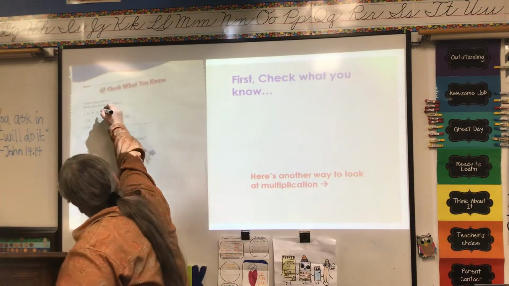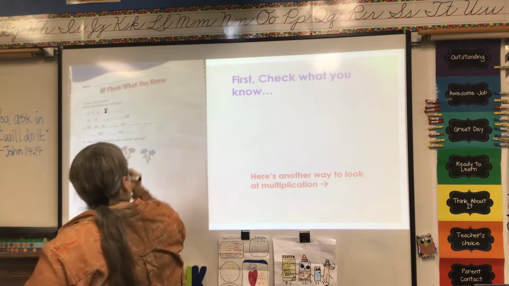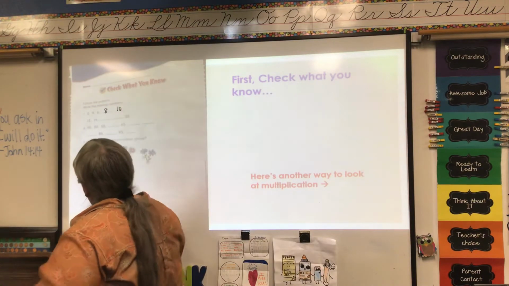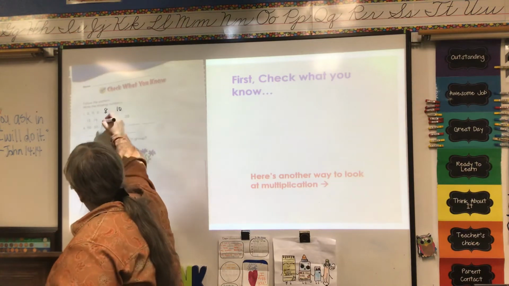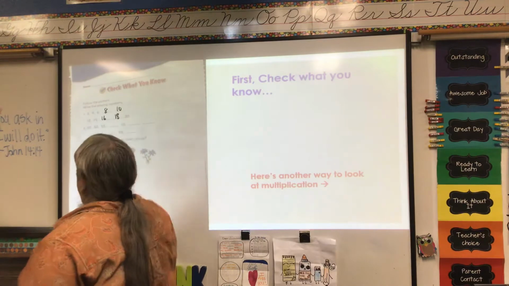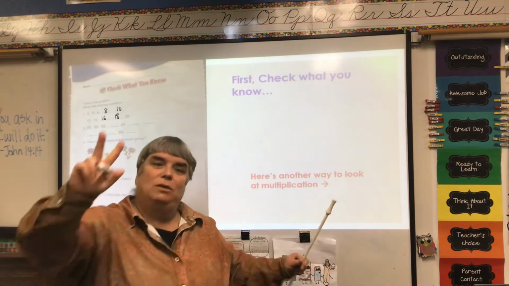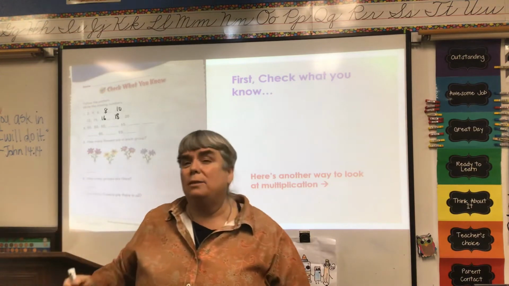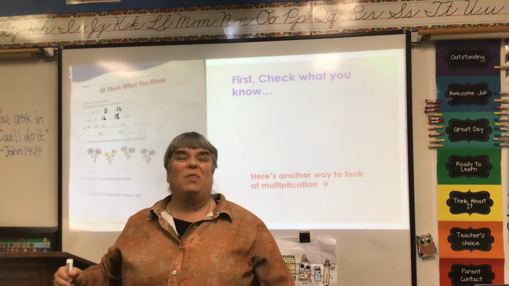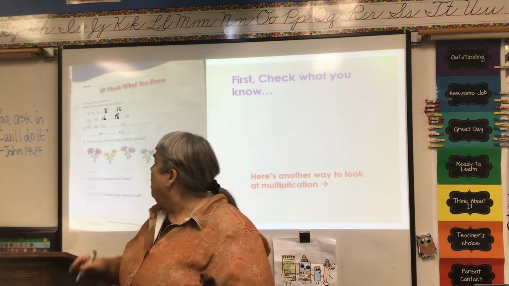You guys can do this. 2, 4, 6, 8, 10. Okay. 12, 14, 16, 18, and then 20. So that one was easy, and we were skip counting by 2s. So those are the answers in your multiplication facts, counting times 2.